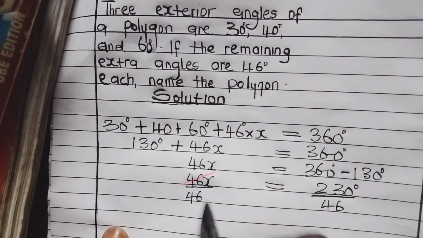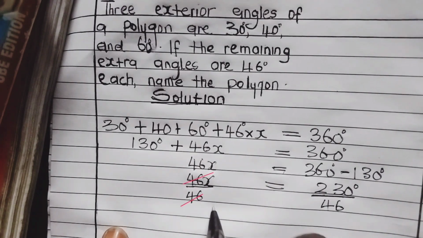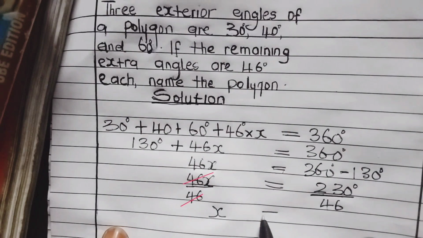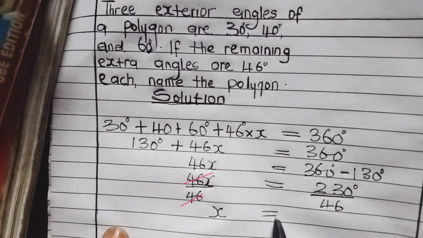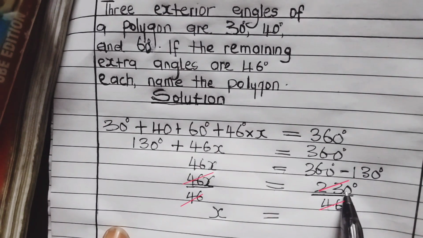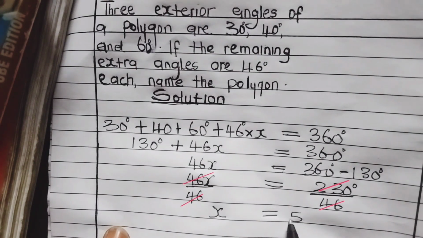If 46 cancels 46, what remains here is x. So x is equal to 230 divided by 46, which gives me 5.